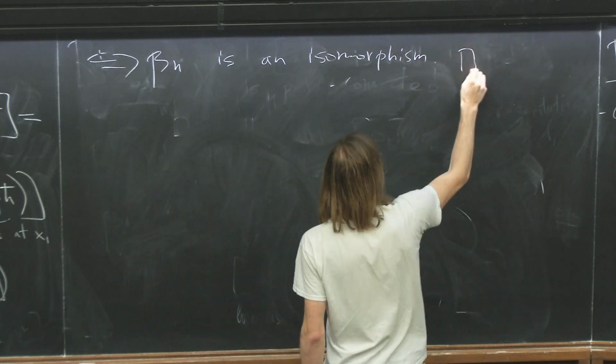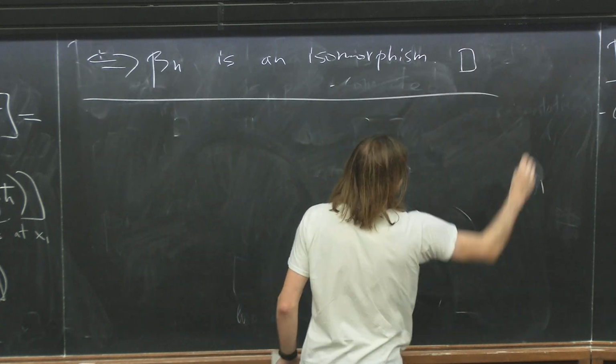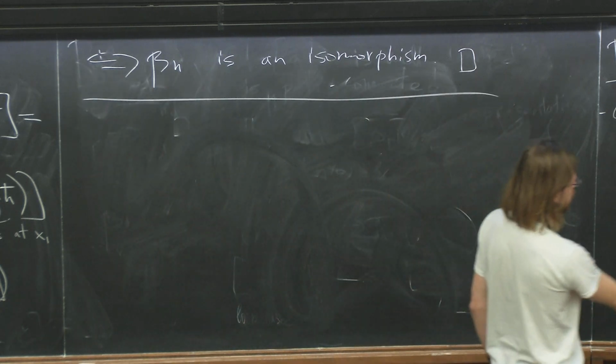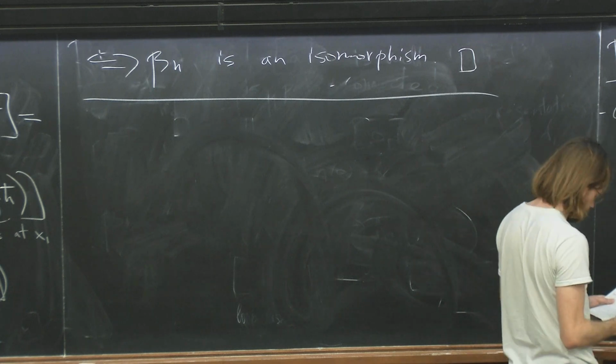This finishes the proof of the proposition. These groups are isomorphic.